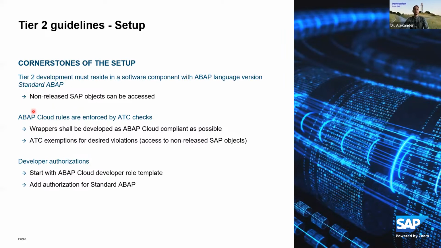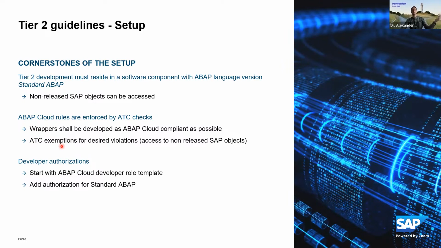Then I also told already that we have the ABAP Test Cockpit with corresponding checks around, so that you can enforce ABAP Cloud rules even on your wrappers developed in the classic ABAP development model. So that means you develop those wrappers as ABAP Cloud compliant as possible, and you only grant ATC exemptions for the desired violations.